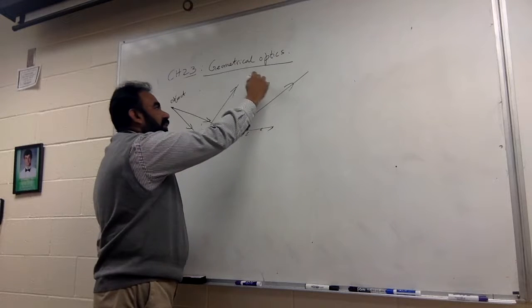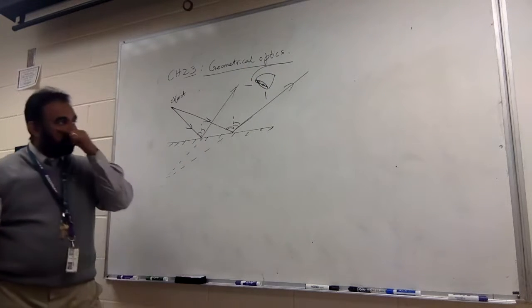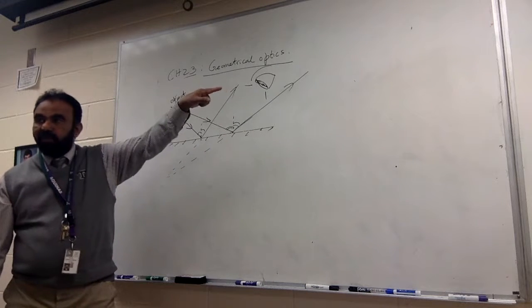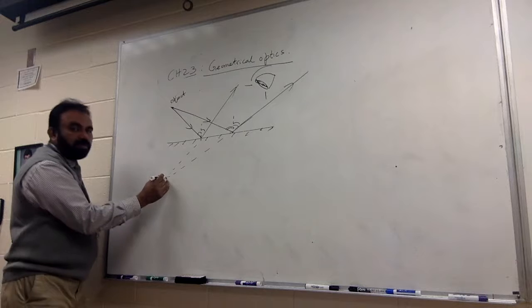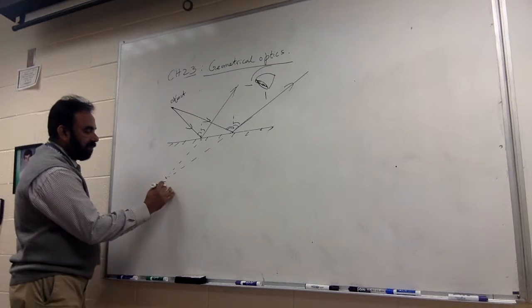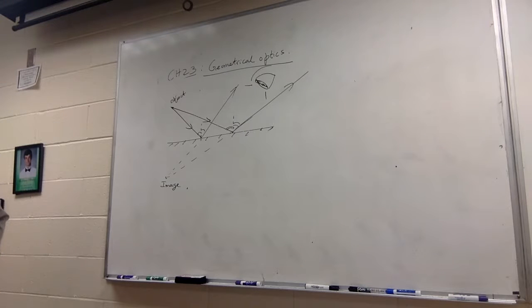And if you're looking at those two rays from there, where do they appear to come from? They appear to come from this point, and this is called the image. That is what is known as the image.